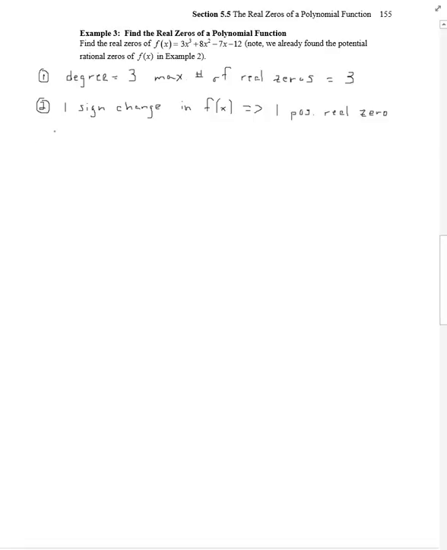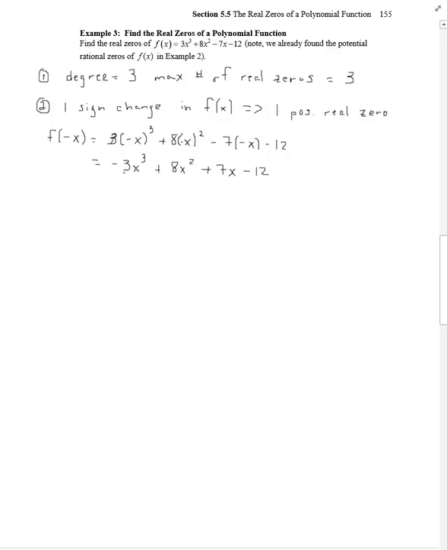Okay, let's do f of negative x. That gives us 3 times negative x cubed plus 8 times a negative x squared minus 7 times negative x minus 12, which gives us negative 3x cubed plus 8x squared plus 7x minus 12.